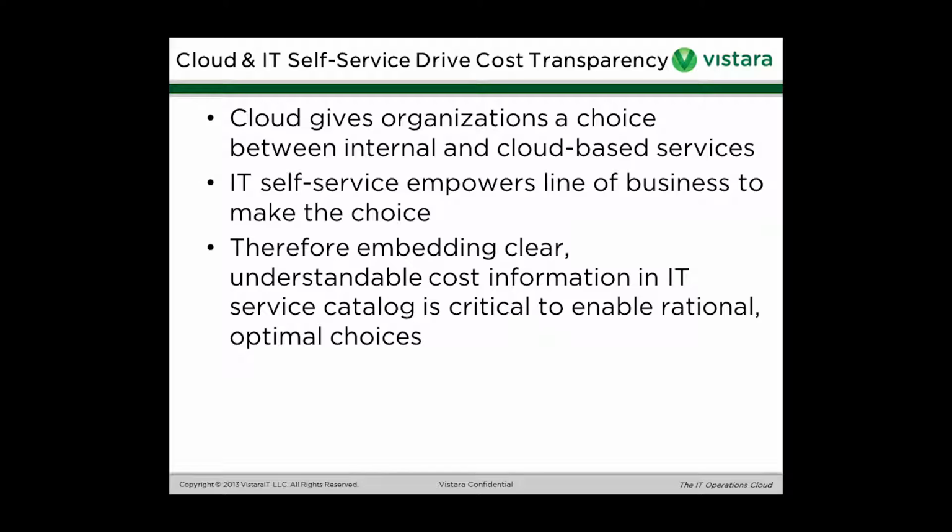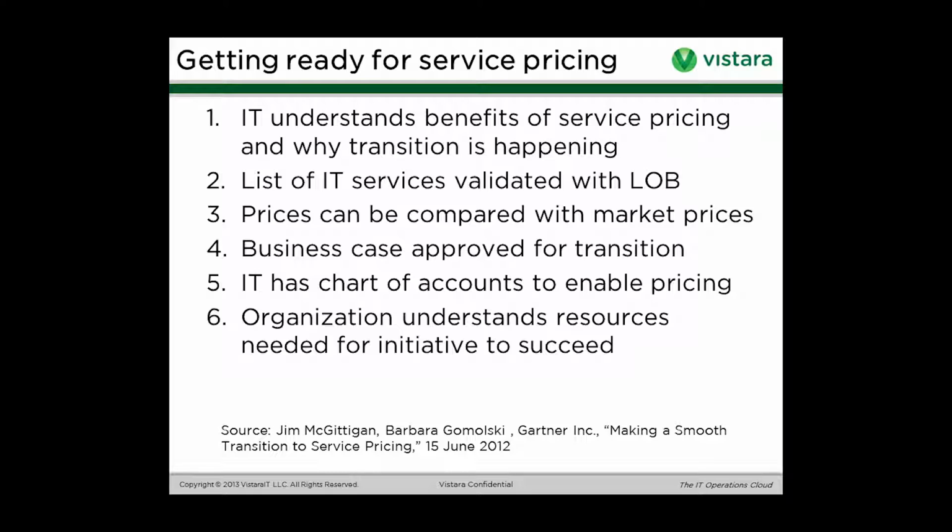So a line of business professional needs to understand that if they're procuring an external service at 1/3 the cost, they may not necessarily be getting quite the same level of service that they've become accustomed to on the internal services. So clear communication of both what the cost is and what you're getting for that cost is critical in offering services through a user interface like a service catalog, particularly if you're empowering the line of business to make decisions about spinning up VMs and the like on their own.